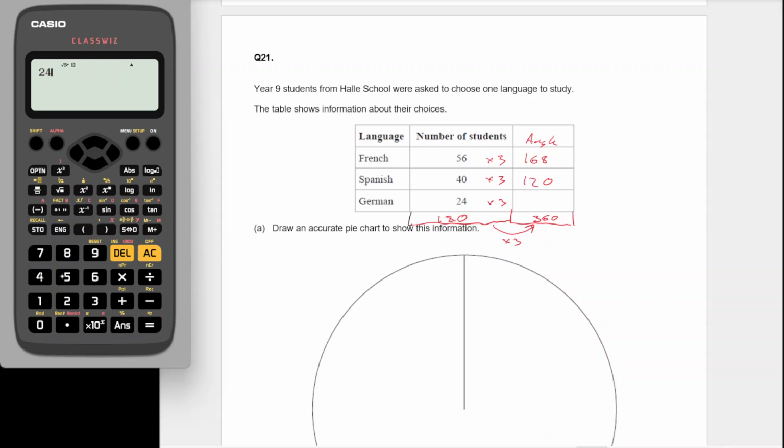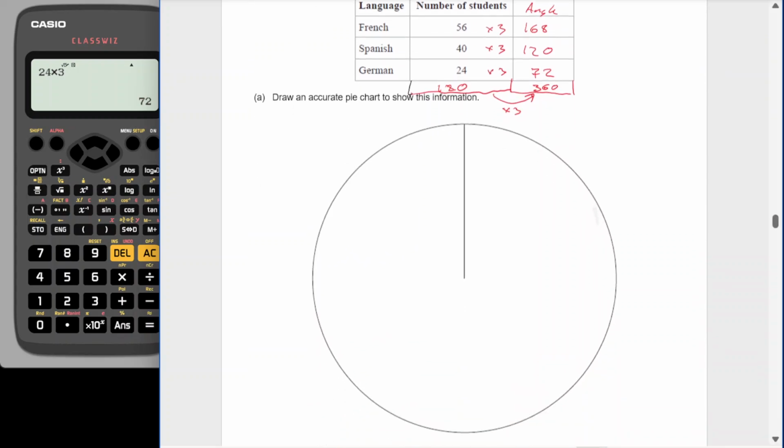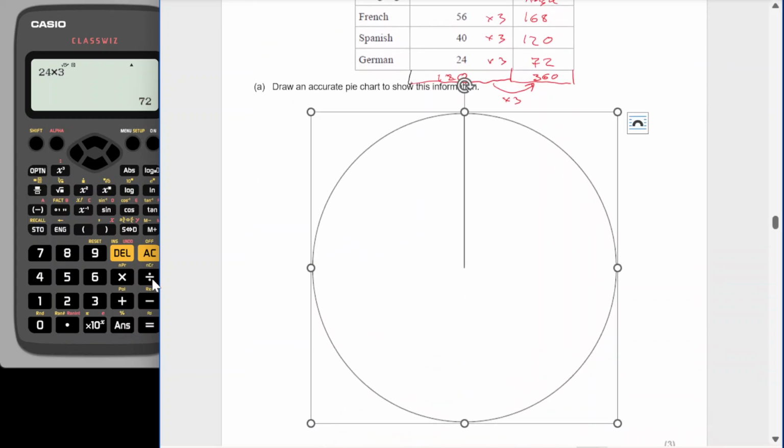And then 24 times 3 gives me 72. I can double check that these add up to 360. Yeah, so that works. Right, now I need to draw that pie chart.